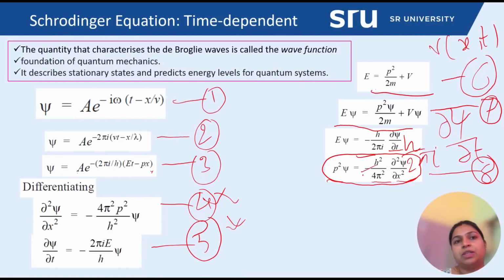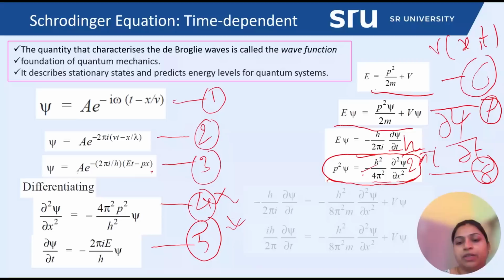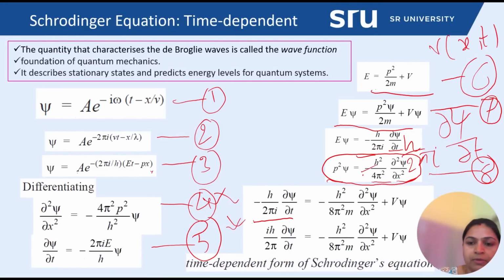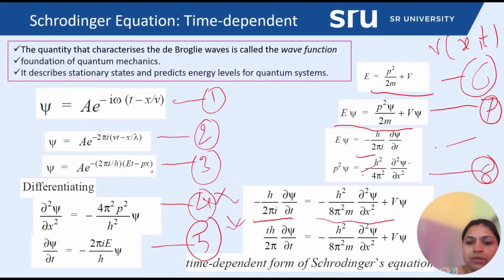Substituting these expressions in equation 6, we get minus h by 2 pi i del psi by del t equal to minus h square by 4 pi square m del square psi by del x square plus V psi, that is, i h by 2 pi del psi by del t is equal to this.